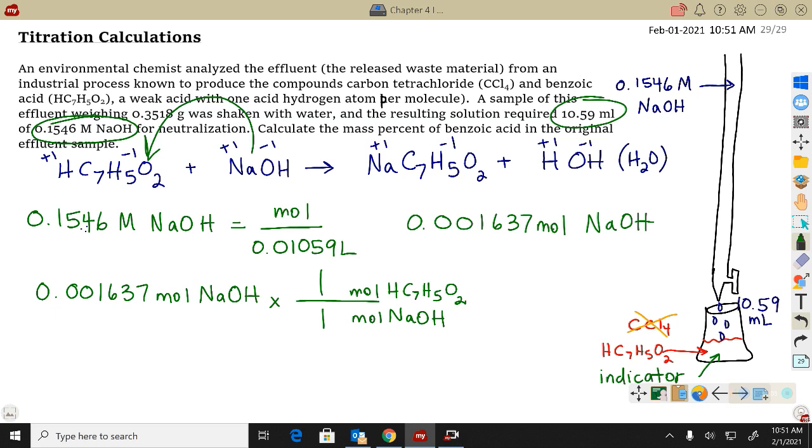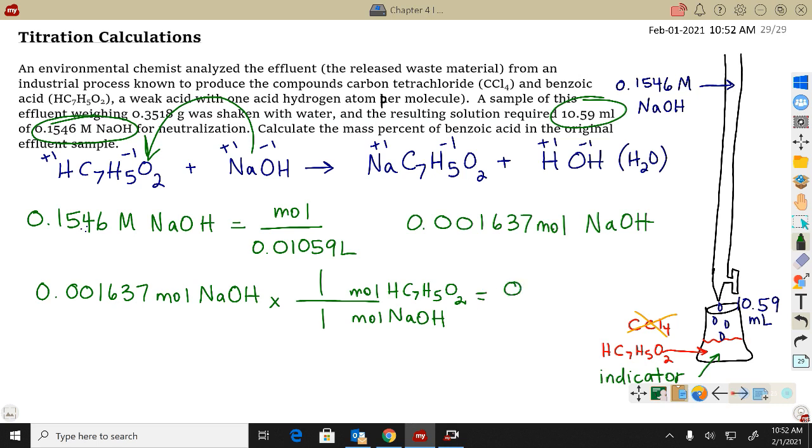Now, it doesn't have to be a 1-to-1 ratio, so I wrote it in there just for the process, that if it wasn't a 1-to-1 ratio, then I would need to take into consideration what the ratio was from the balanced equation. Okay, so now from here, there's lots of different routes we can go. I could just be done right here.